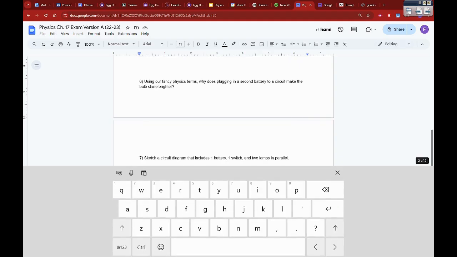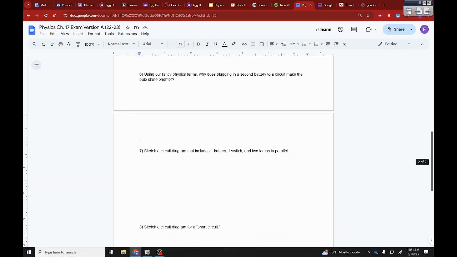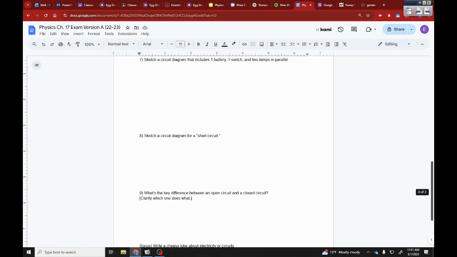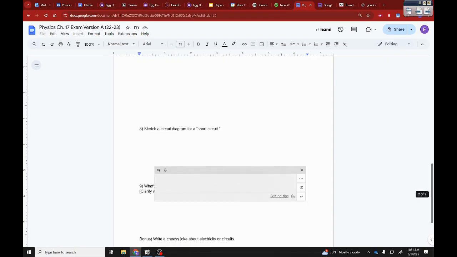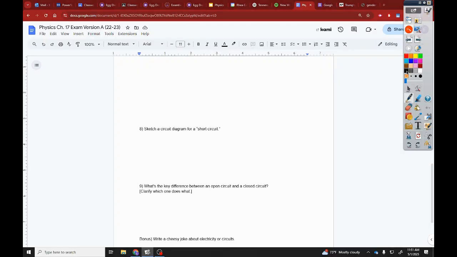Moving on to number 8. Number 8, sketch a circuit diagram for a short circuit. Well, actually, let me just recreate my drawing.